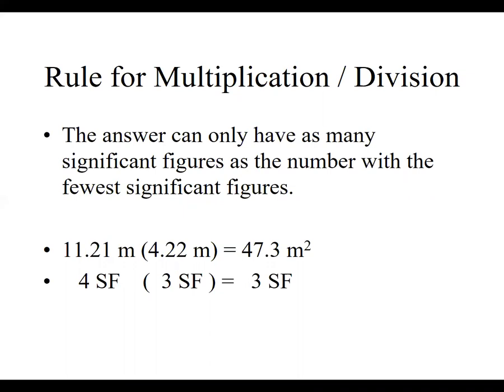And the rule is logical when you think about it, because what it's saying is like a chain is only as strong as its weakest link. If you've got a chain with links that can hold 200 pounds, but somewhere in the middle of that chain, one link can only hold 10 pounds, the maximum weight you can hang on that chain is 10 pounds.